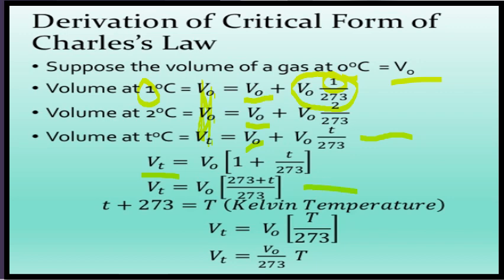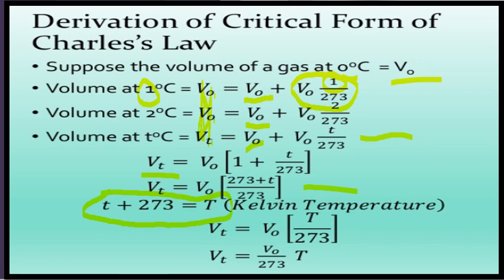By taking the LCM you will get 273 plus T upon 273. Now this one gives you the Kelvin temperature. As you have learned in the previous lecture, T, the temperature in degrees centigrade, plus 273 gives you the temperature on the Kelvin scale, right?